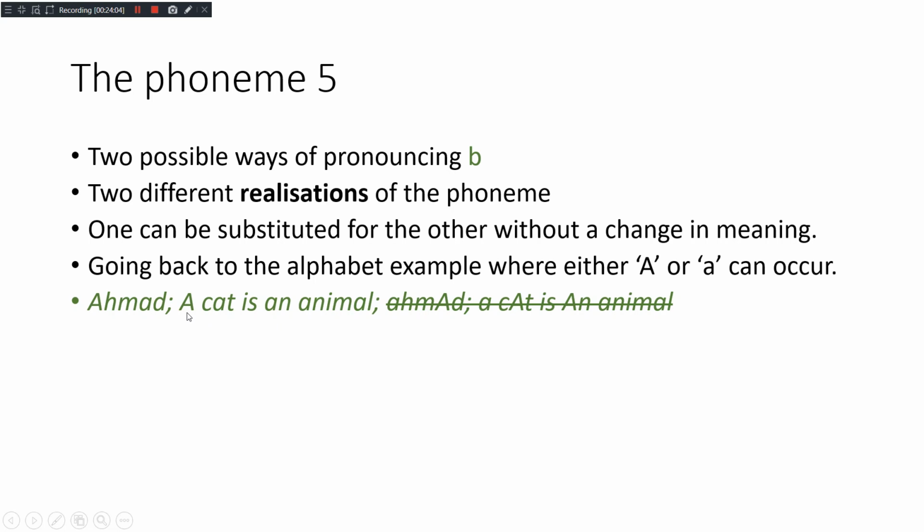This sentence, a cat is an animal, the first letter should start with a capital letter, but we have 1, 2, 3, 4 other A's which are in the lowercase form. So this is the correct way of writing these letters.